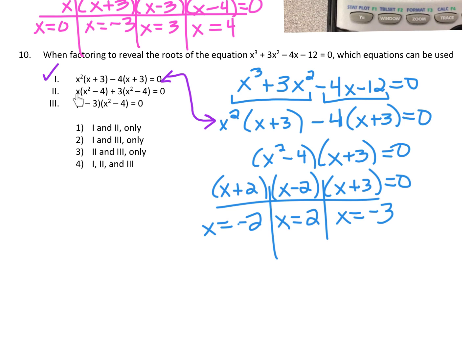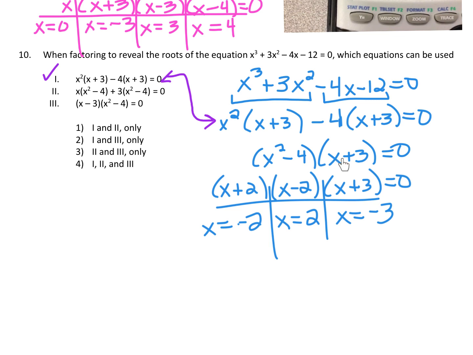Now, if you look at equation 2, it doesn't say that anywhere within our work. But think about this. See how in equation 2 they both say x squared minus 4? When that happens, can't we take what's in front of them, so the x and the plus 3, and group that together, so we'd have x plus 3 times the common binomial here, so x squared minus 4.